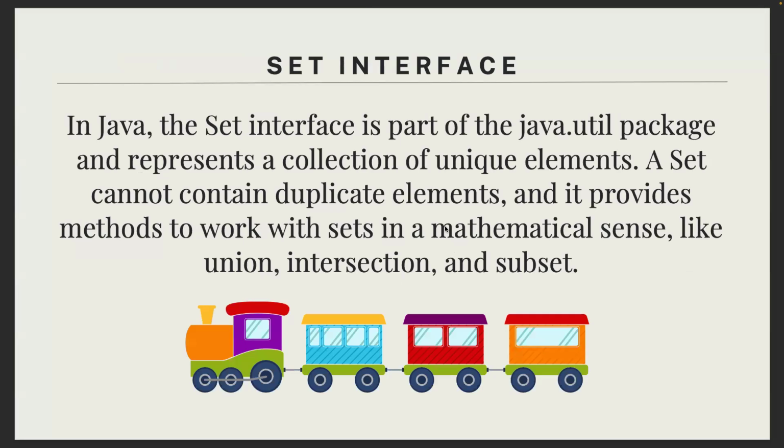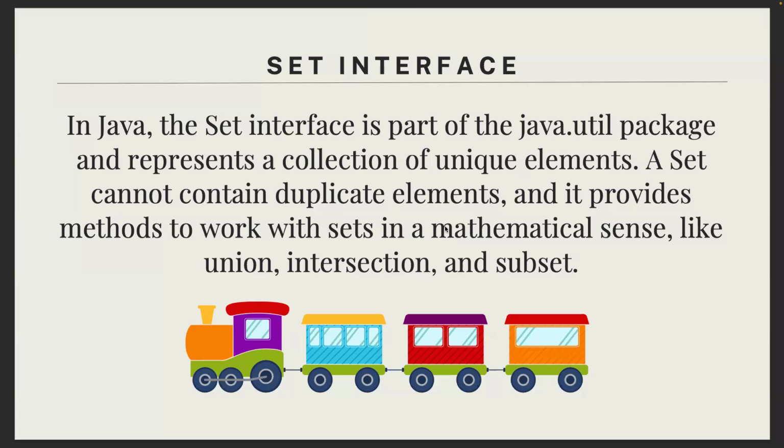So today we're going to talk about set interface. In Java, set interface is part of the java.util package, which is collections, and it represents a collection of unique elements this time. Array list, you can have multiple same names, multiple same numbers.